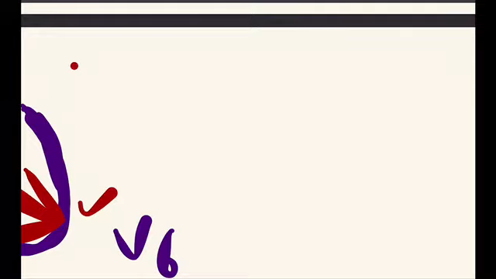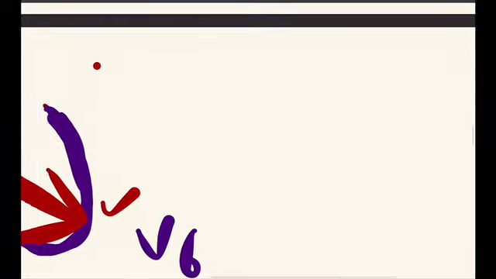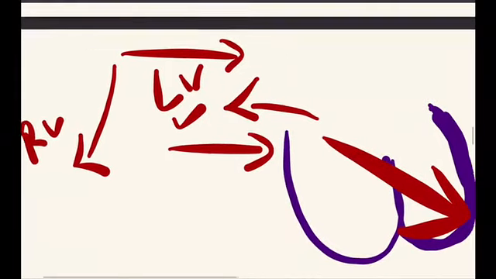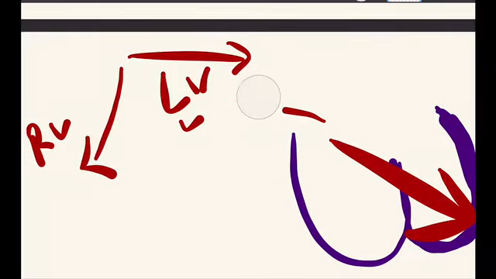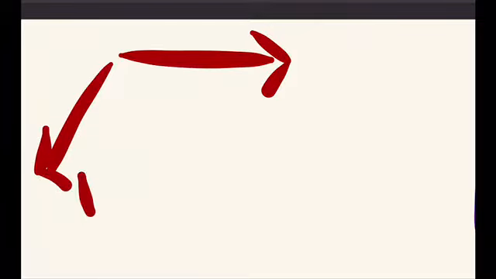Now suppose there is increased muscle mass in the right ventricle. Let me draw it again. Normally, this is the left ventricular depolarization vector, and this is the right ventricular depolarization vector.